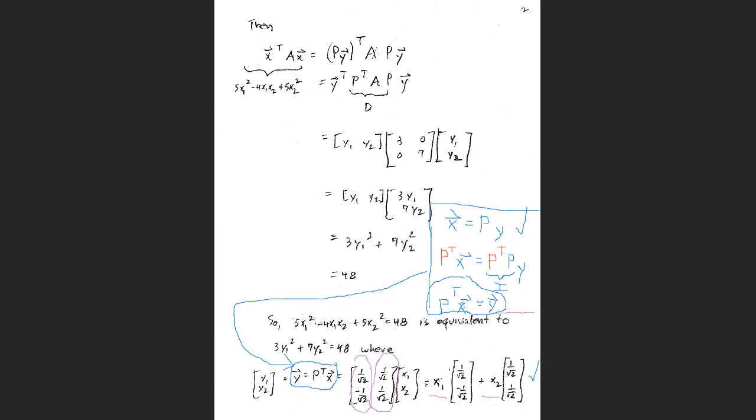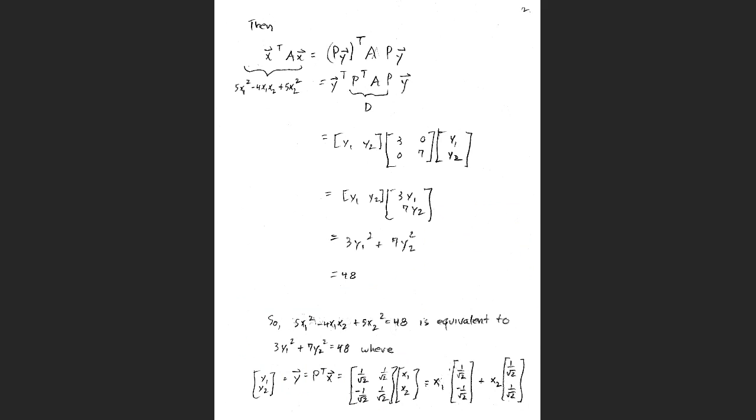So let's remember what we're doing here. What is our goal? We have an ellipse, 5x1 squared minus 4x1x2 plus 5x2 squared equals 48. Up to now, the only way you could graph that ellipse is by plotting like 100 points or something.